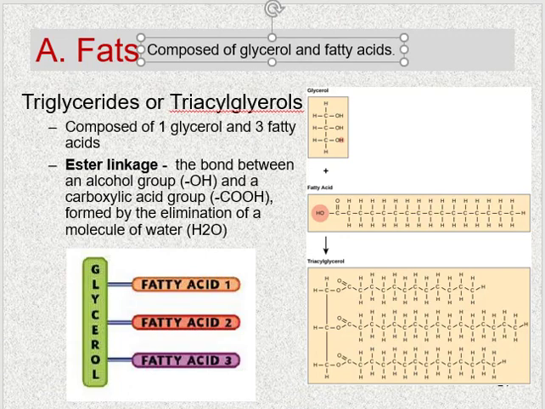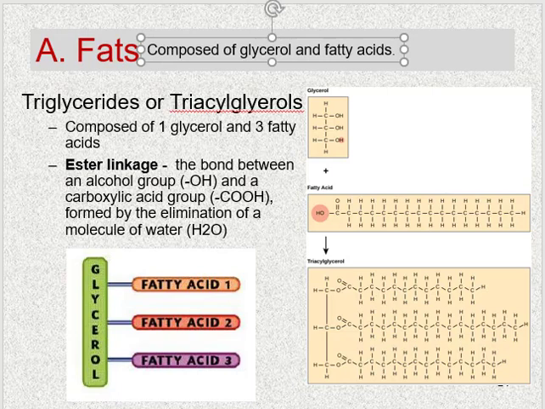A fat molecule consists of 2 main components, glycerol and fatty acids. Glycerol is an organic compound with 3 carbons, 5 hydrogens, and 3 hydroxyl groups. Fatty acids have a long chain of hydrocarbons to which a carboxyl group is attached. The number of carbons can range anywhere from 4 to 36.